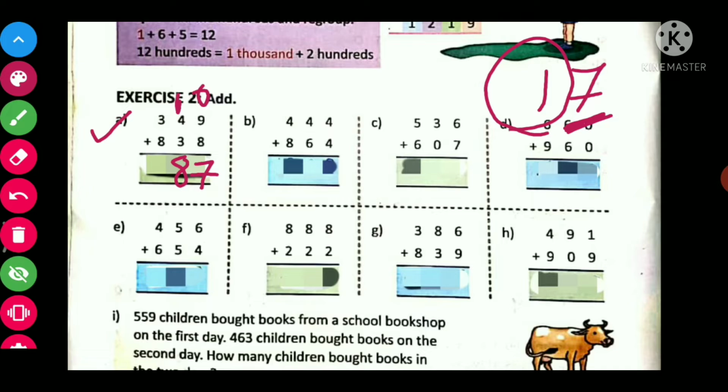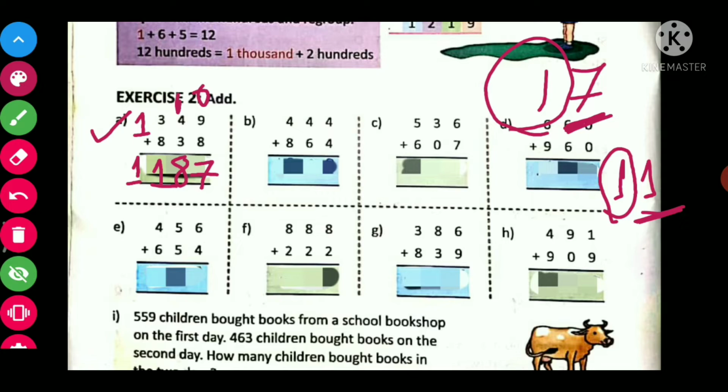So we'll place 1 here and the other 1 goes to the next place value. So here the next place value is what? 1000, right? But in the 1000 place only this 1 is there and no other number, so we'll write only 1.